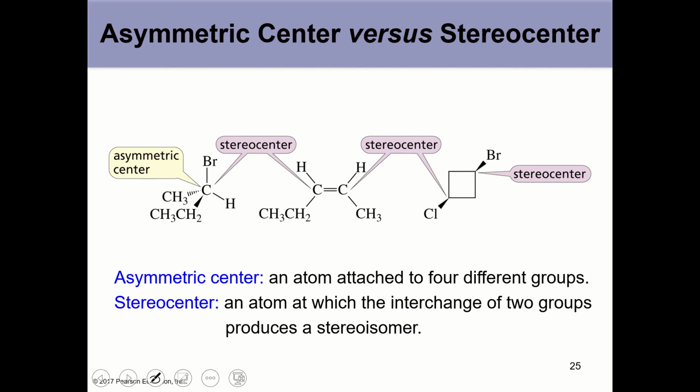And so an asymmetric center will always be an sp3 carbon, whereas a stereocenter could be either an sp2 or an sp3 carbon.